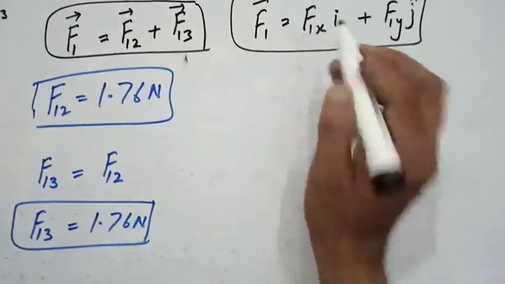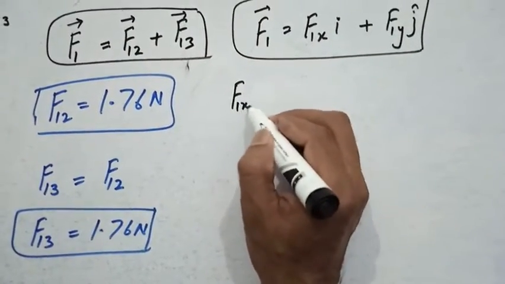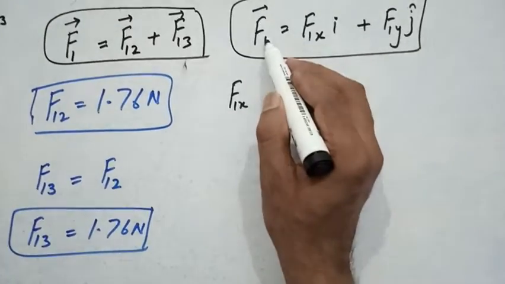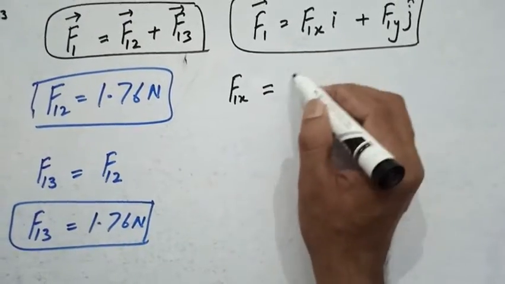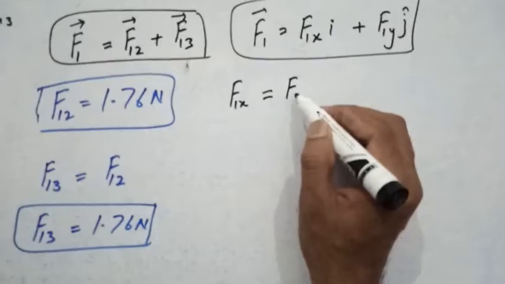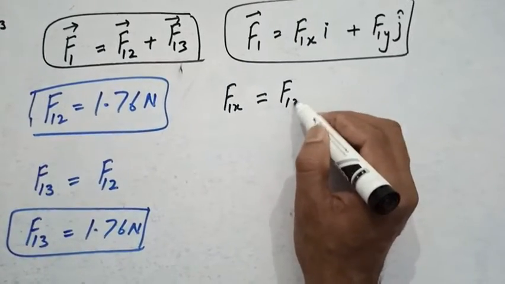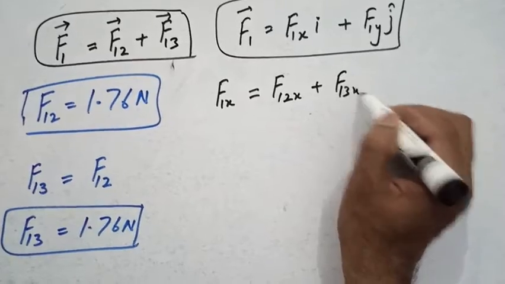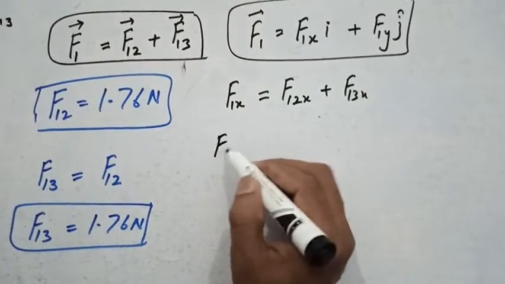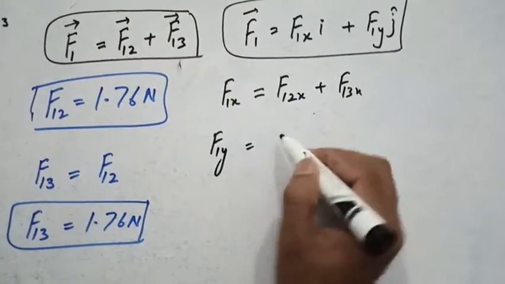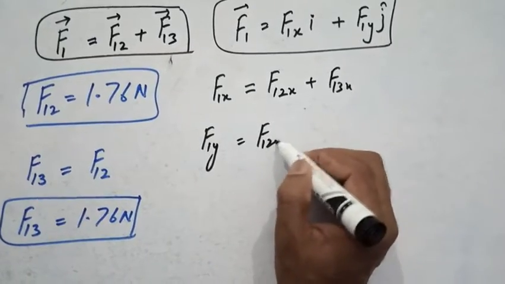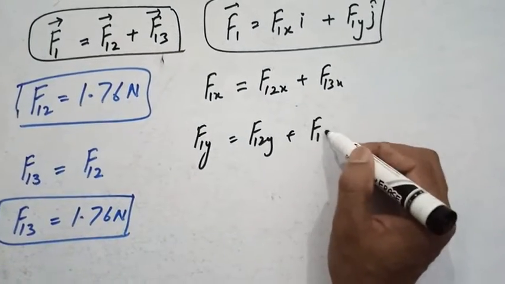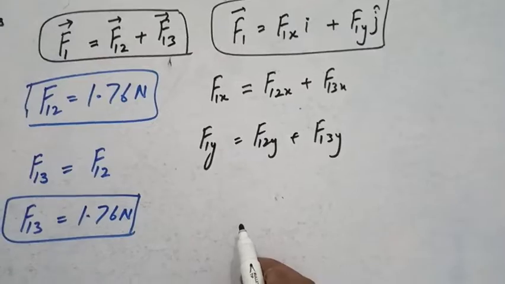The component of force F1 along the x-axis is equal to the sum of components of force F12 and F13. Similarly, I can write the y component of force F1 as F1y = F12y + F13y.